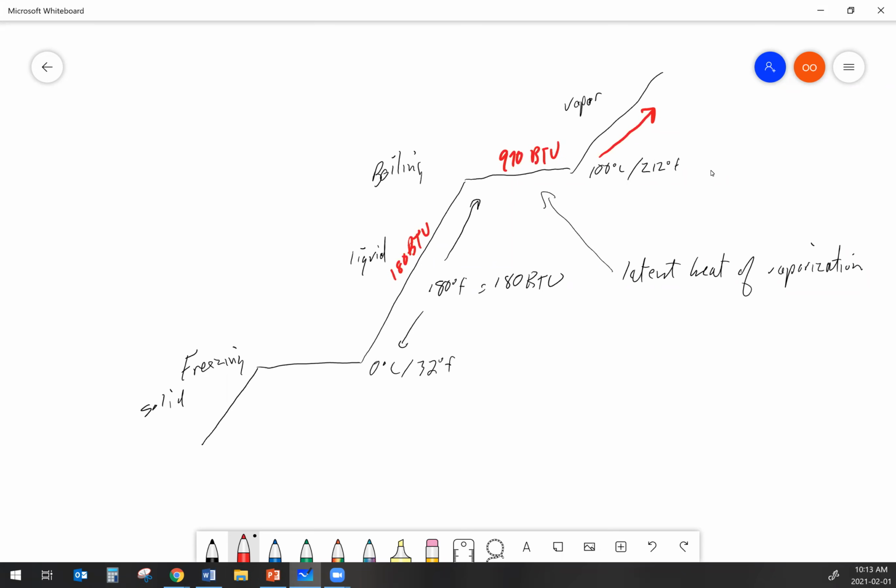Warming up the gas here, if we were using water as our example, if we warm up water vapor past the 100 degrees Celsius here, again we're back to that 1 BTU per degree kind of a thing. It's not very efficient. But if you warm up that vapor past the boiling point, that's called superheat.